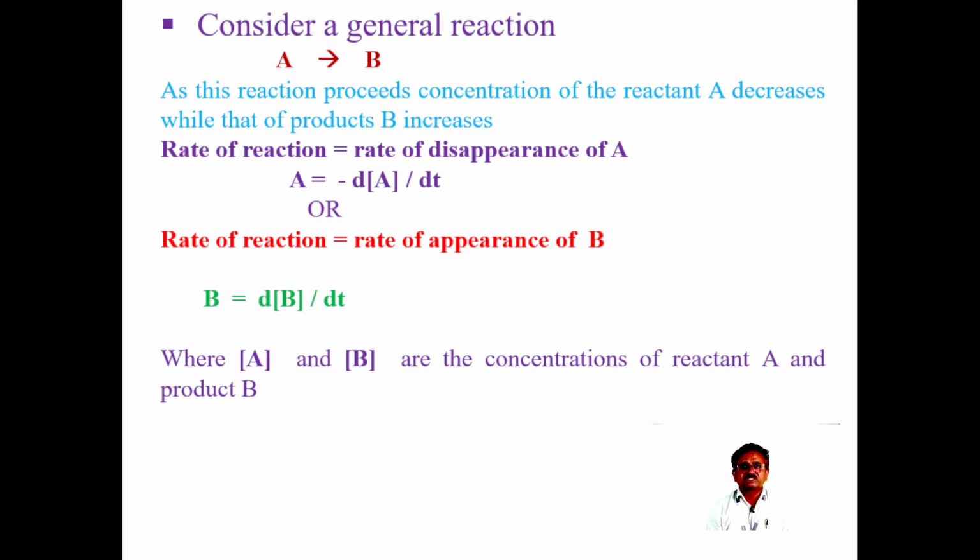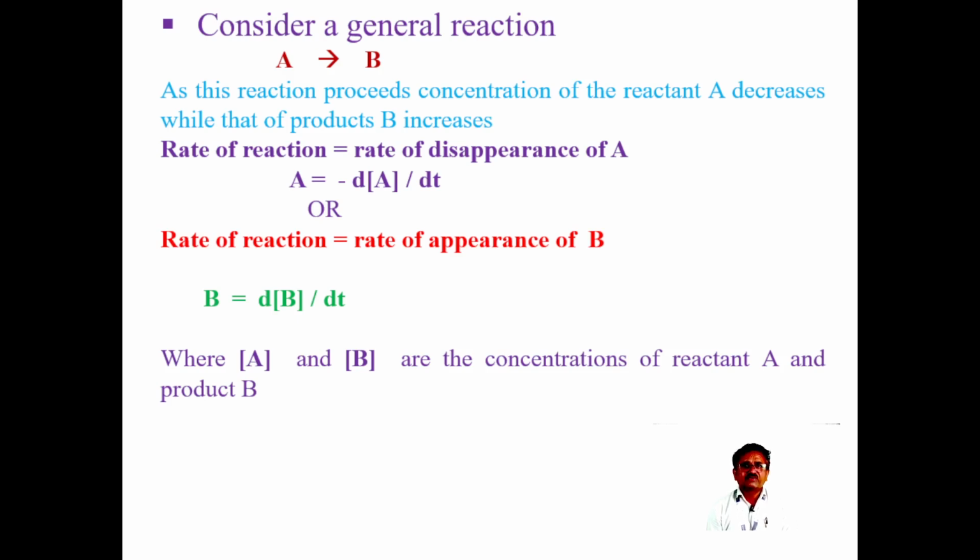The square bracket of A indicates the molar concentration of substance A, and the minus sign indicates the decrease in concentration of this reactant, not algebraically, that is minus. Okay.